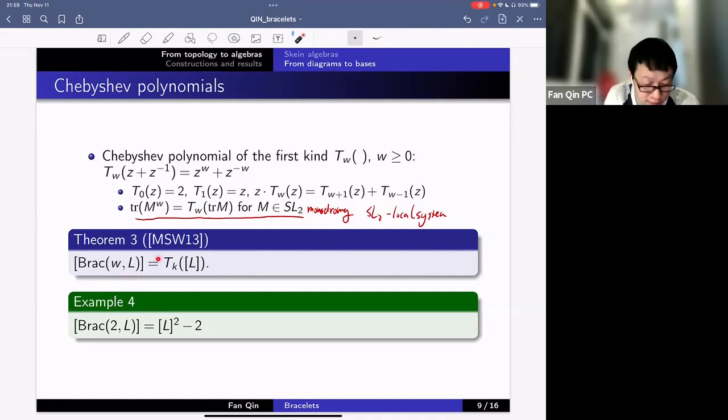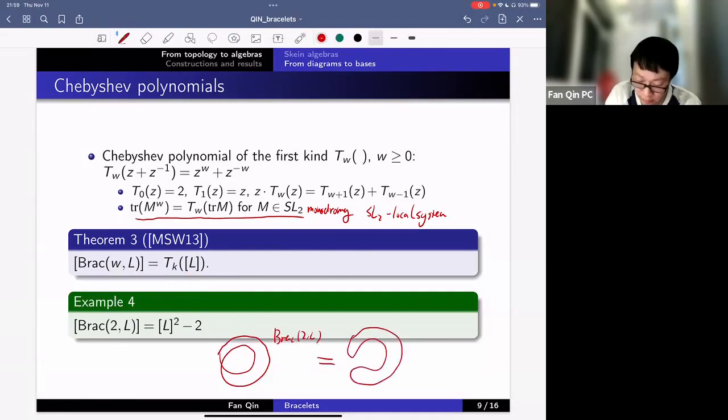And it was proved that the bracelet loops are computed by this Chebyshev polynomial from a single loop. So as an example, in our previous example, you have this bracelet 2L. And you use the Skein relation, this gives you something like this. So this is L squared minus 2. So these are exactly the Chebyshev recursion.